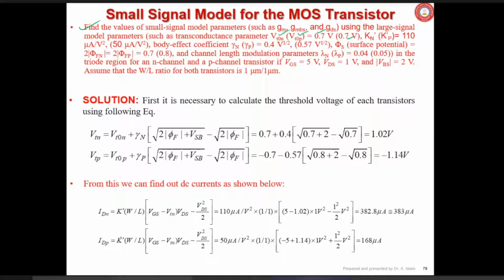I mean, numericals we have done, so maybe different values are given and different results have been obtained. BTN is going to be this, and BTP is going to be this. You just go through and tell me if you find any mistakes. We'll discuss, then go to the next slide.